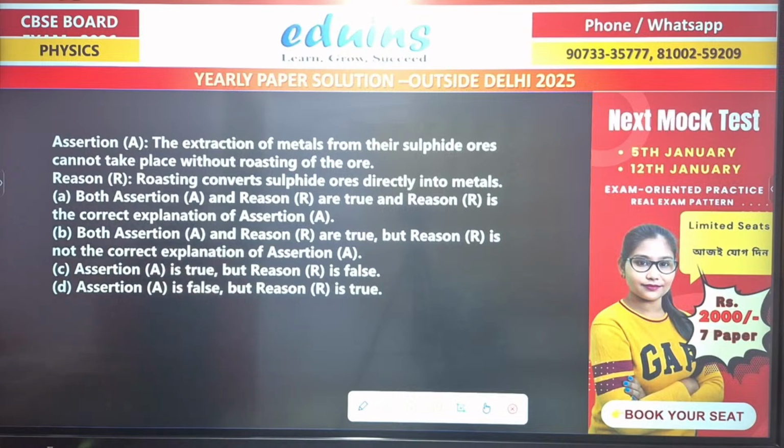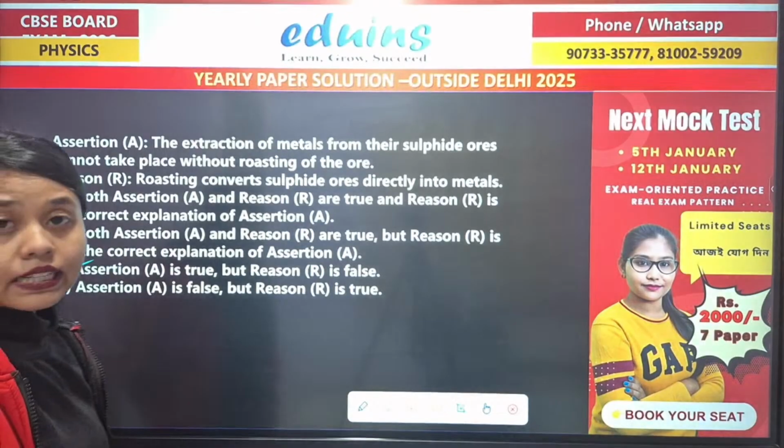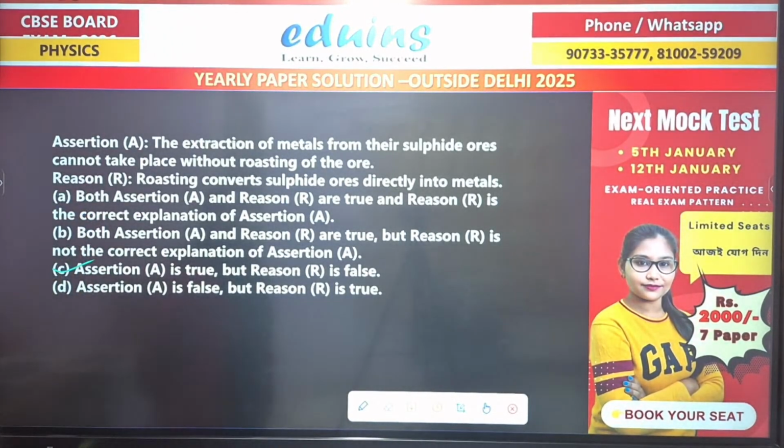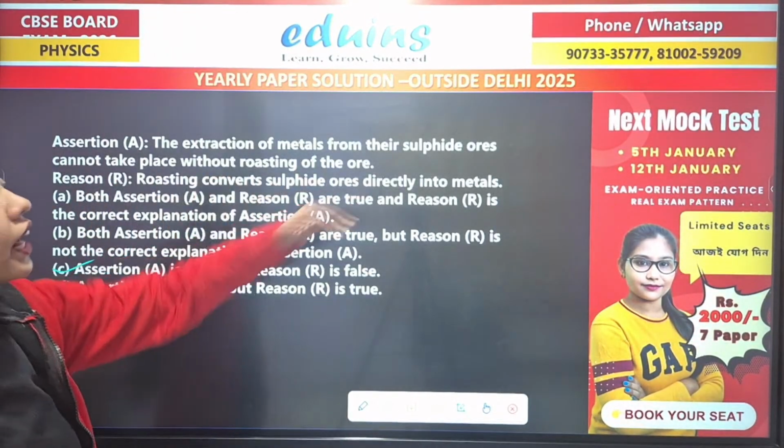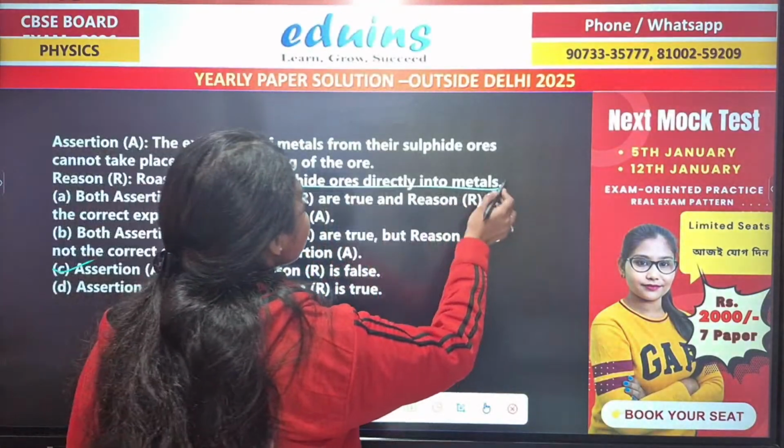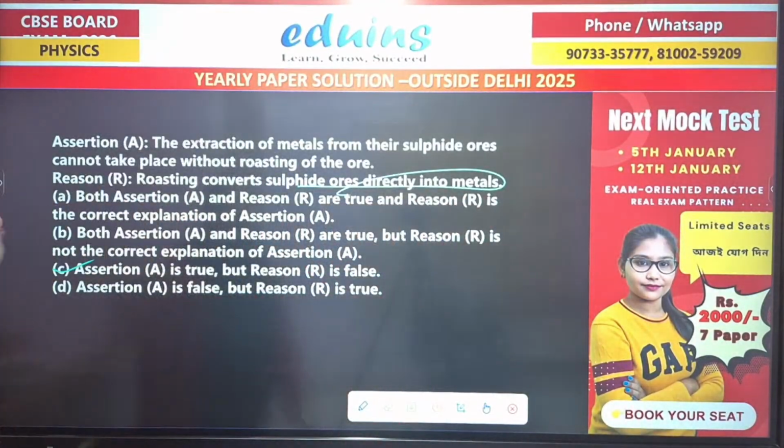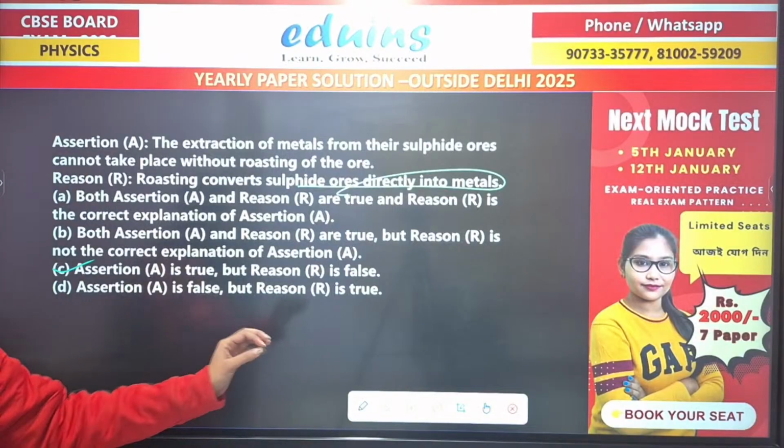Well done. So, assertion is true, but reason is false, because the extraction of metals from their sulfide ores cannot take place without roasting of the ore. This is absolutely correct. But roasting converts sulfide ores directly into metals. This is not correct, because roasting converts sulfide ores into the oxide forms.